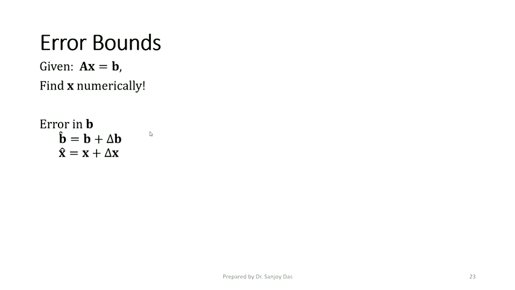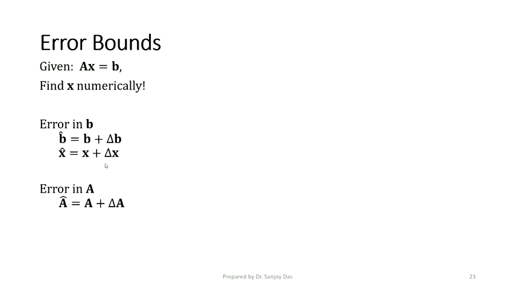Likewise, suppose B is known and there's no error in B. Again, due to round off error or experimental error or whatever, we get an error in A. So A hat is A plus delta A. We don't have the real A. What we have instead is a slightly perturbed version of it, A hat. And so we try to solve it.